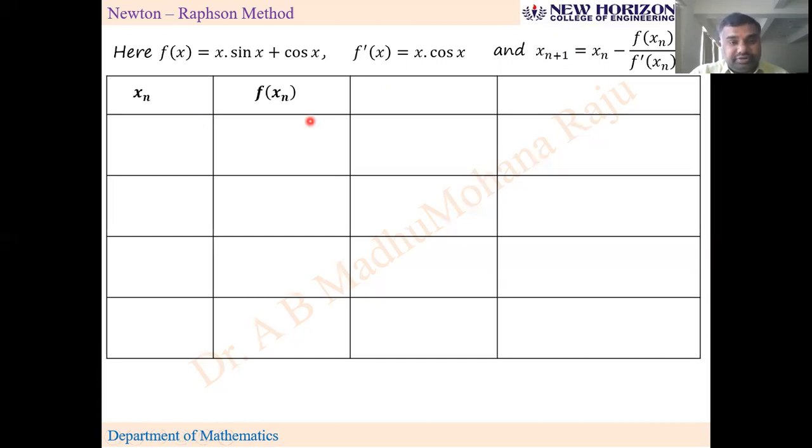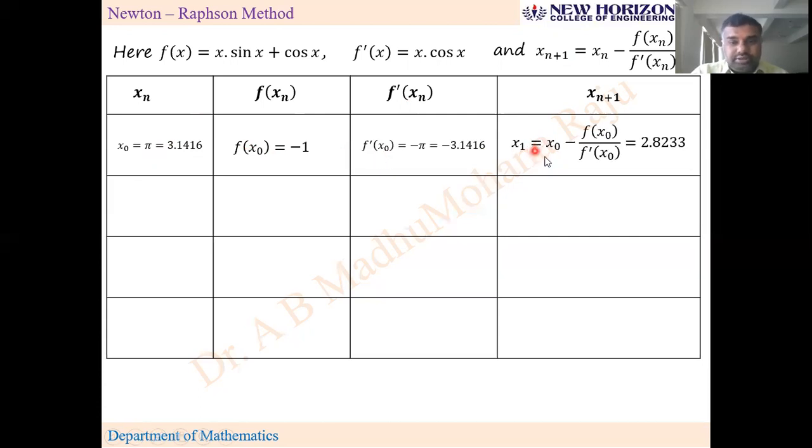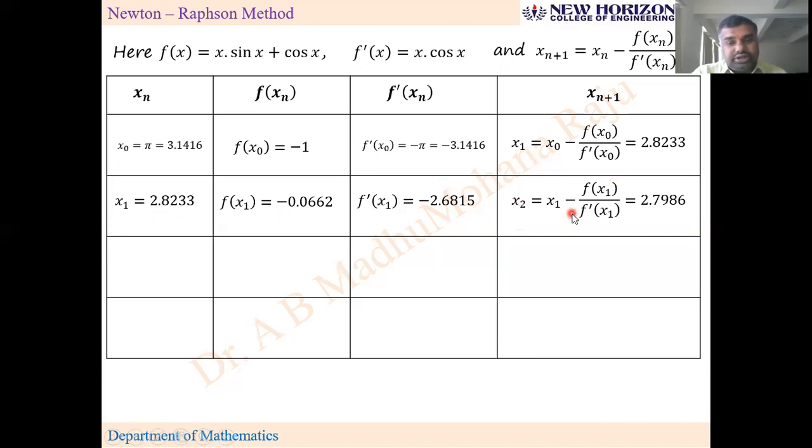Xn column, f of xn column, f dash of xn column, xn plus 1 column. x naught as pi, or you can take 3.1416, or in your calculator pi is available directly. And f of x naught, f dash of x naught, and x1. Take this x1 here, f of x1, f dash of x1. By using these three, calculate the x2 value.